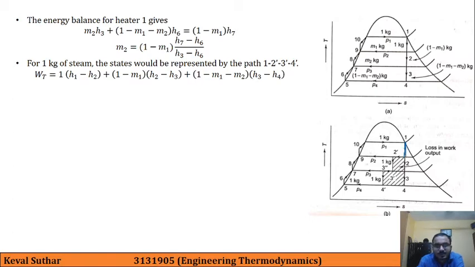That is 1 kg of mass. This is previous one actually. This formula is same as previous one, and we have replaced it for 1 kg. So for 1 kg it is being replaced with this portion here.